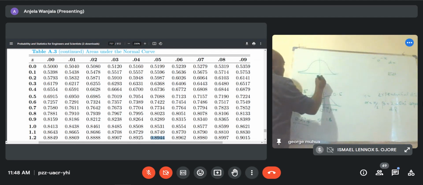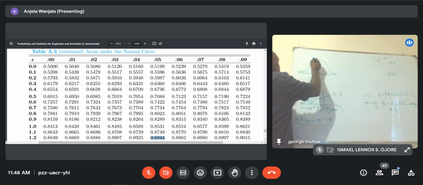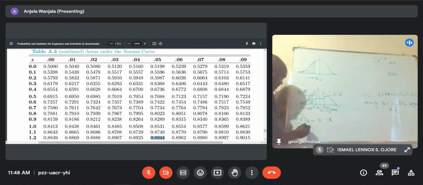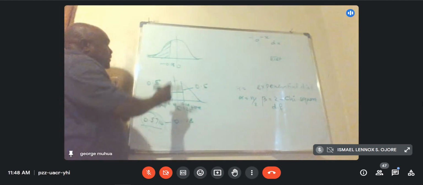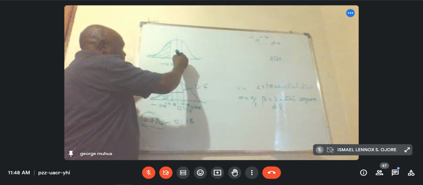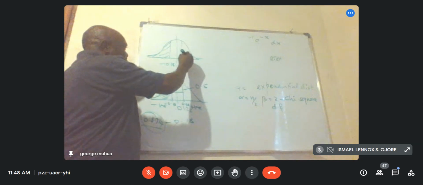I have the center. I have negative 0.18. I'm looking for this area, the left. But I have this 0.5714, which is the area from the positive 0.18 to the end.